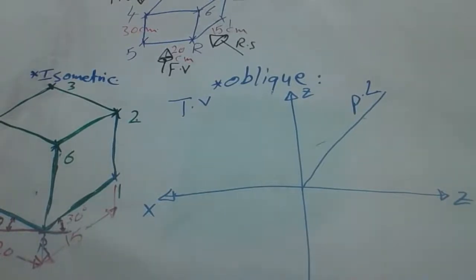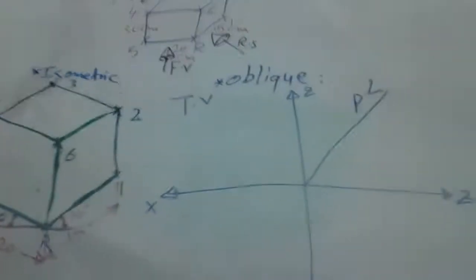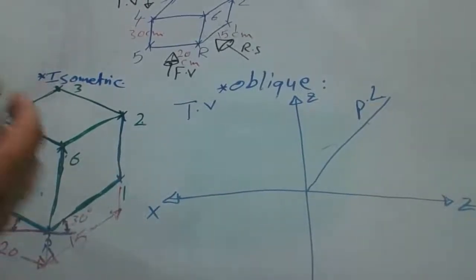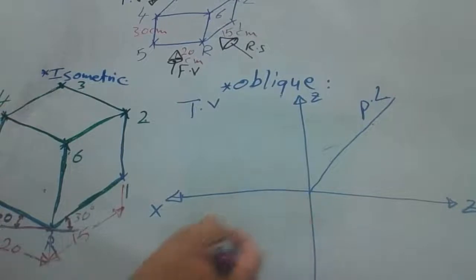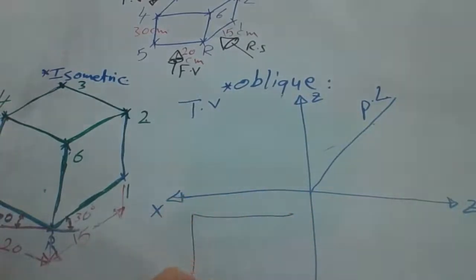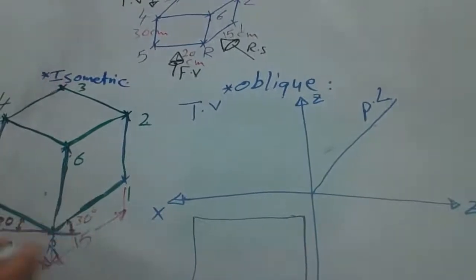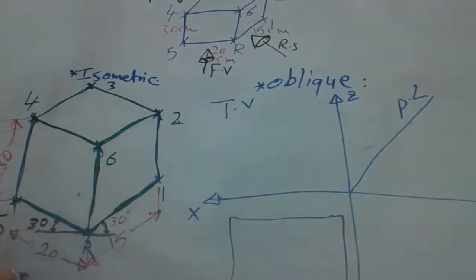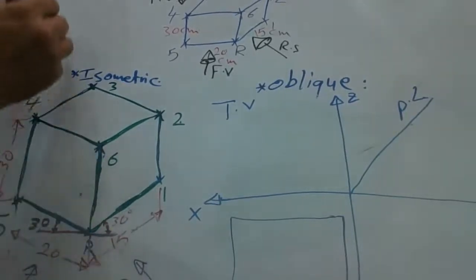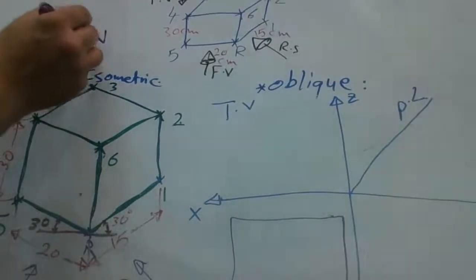We can draw the standard shape of the projections for all shapes. In front of you, we can always draw a rectangle that contains the following: the front view here, the right side view here, and the top view here.